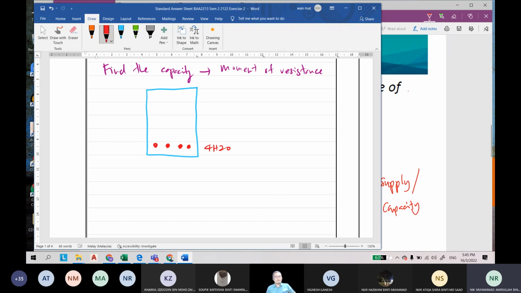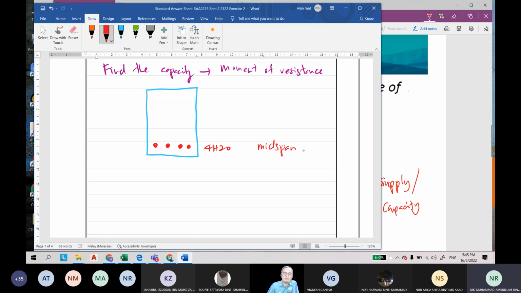So is this beam located at support or at midspan? Midspan, because the tension reinforcement is at the bottom.